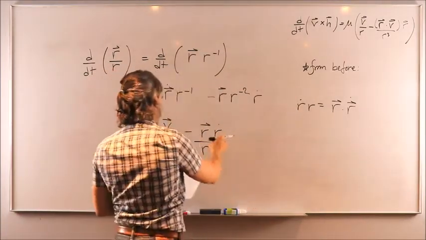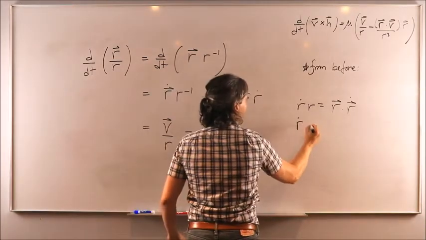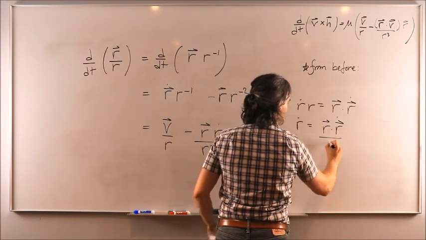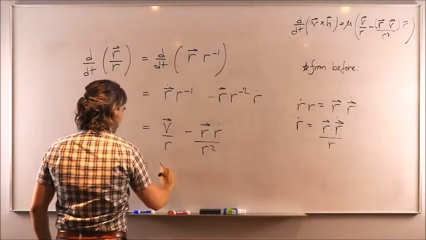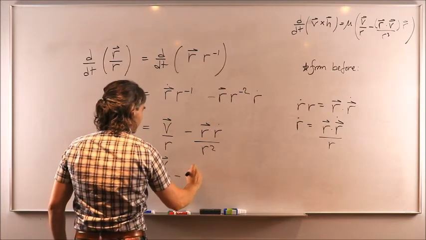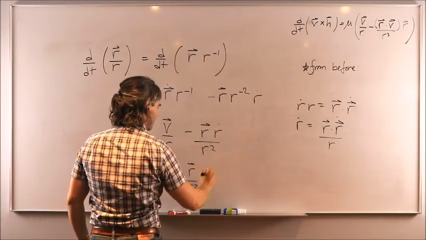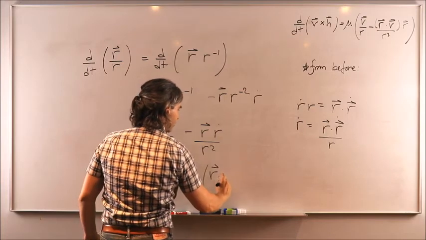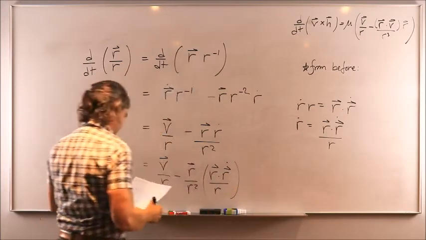So I'm going to make use of it here by replacing my r dot by position dot product velocity over distance. I'm going to say that this is velocity over distance minus position with r squared. My r dot is going to be replaced with position vector dot product velocity vector over r, like this.